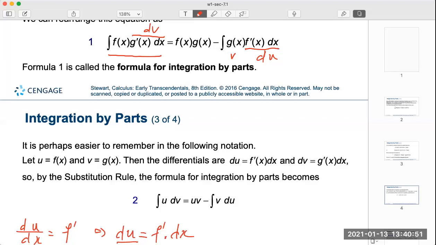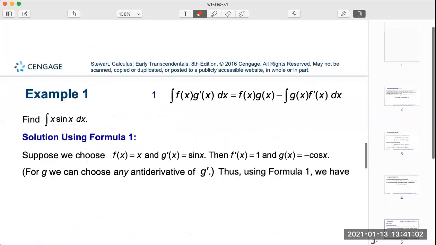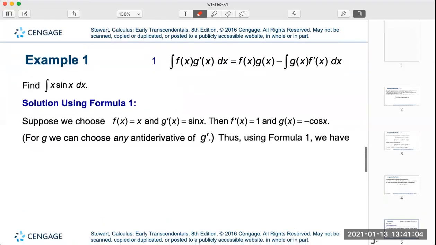So when can we use integration by parts? If you see some problems that are difficult, let us just take a look at this example here. Remember that in the table of integrals and differentiation rules, we don't have any formula to solve this one.